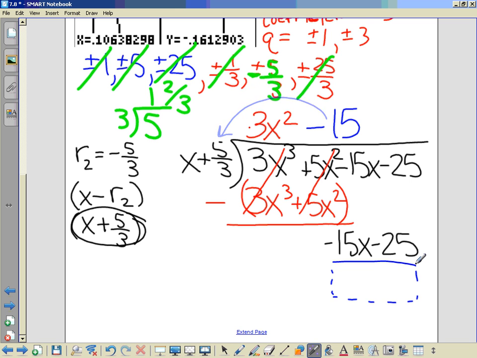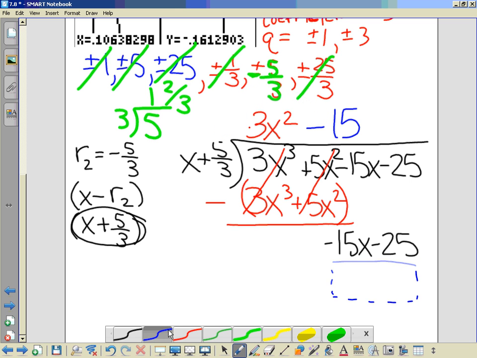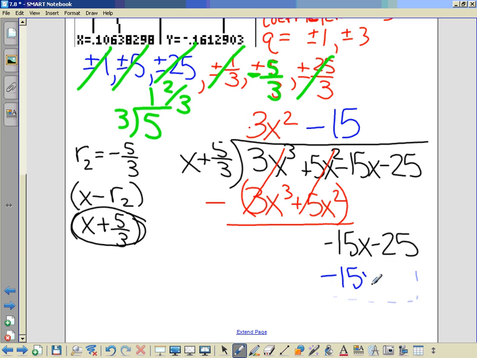So we get negative 15 times x, negative 15x. Check this out. Negative 15 times 5/3. 3 goes into 15 5 times. 5 times 5. Go ahead, if you don't understand it, write it out. 5/3 times negative 15 is negative 25.